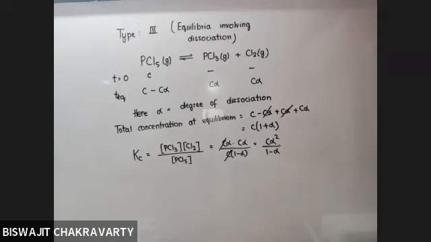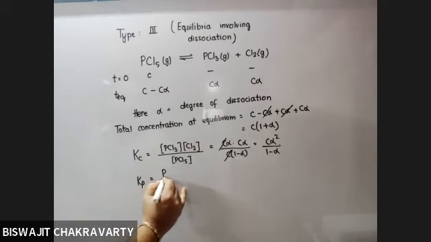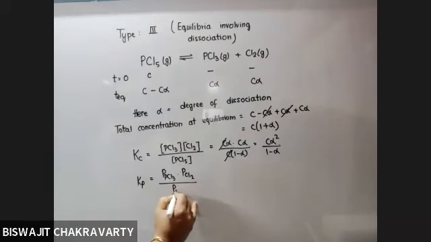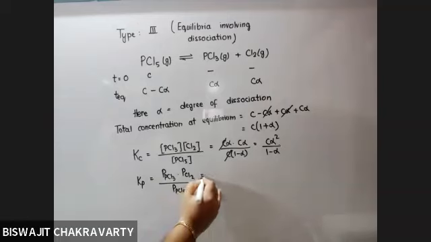Do you remember? Yes, sir. Okay. So here what will your Kp expression be? Kp expression will be partial pressure of PCl3 into partial pressure of Cl2 divided by partial pressure of PCl5. So what is the partial pressure of PCl3?